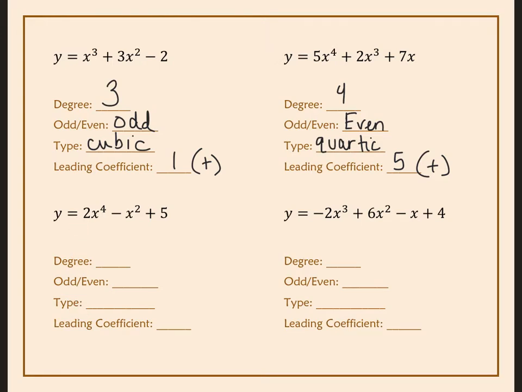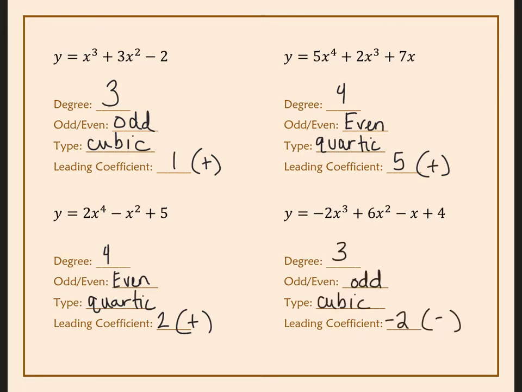It's a 2. And if you want, you can pause this video right here and try doing the very last question on your own. Okay, it was the third degree because my highest exponent was 3. 3 is an odd number. It's a cubic. And my leading coefficient in the front is a -2, and I want us to know that it's a negative number. You're going to see why this is important.